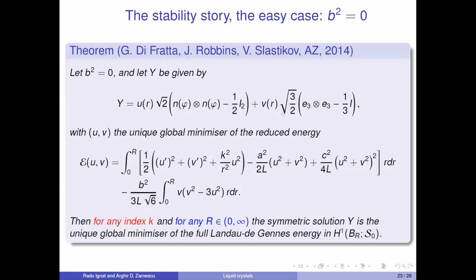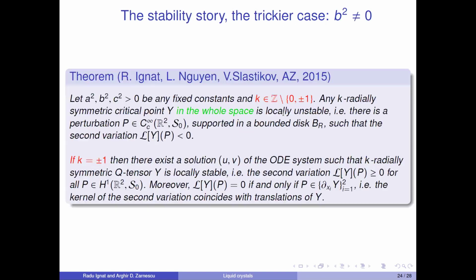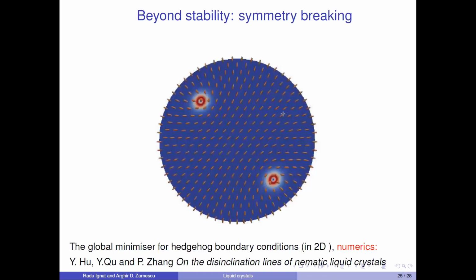Okay, so then we have some stability, and I'm going to skip over this, and then it's the dark side that I was mentioning. If you go beyond the stability, very little, beyond radial solution, you get symmetry breaking, and you have things like this.